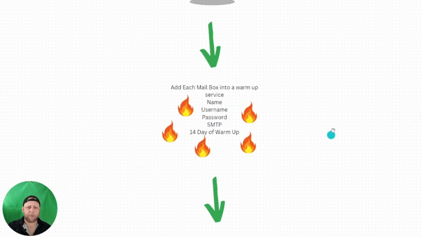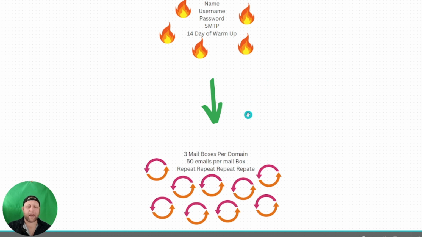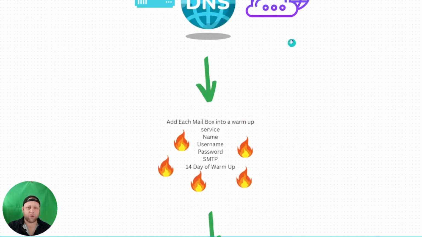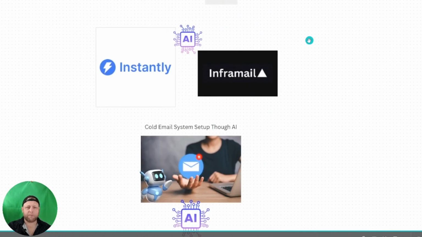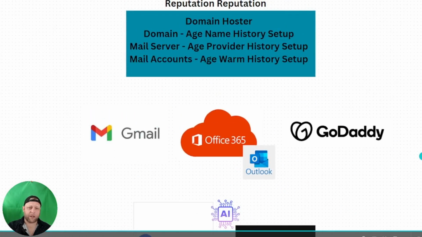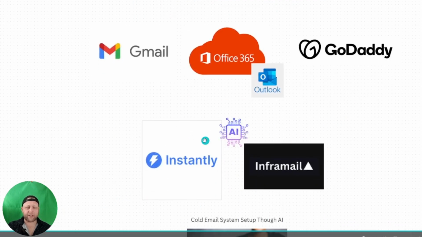You need to set up an actual mailbox username and password for warming up. And the whole setup can take a very long time. It can also start becoming very expensive when you start using the bigger names like Gmail and Office 365. But these two tools, Instantly and Inframail, have made it really easy for you.